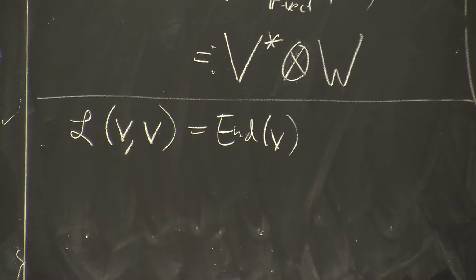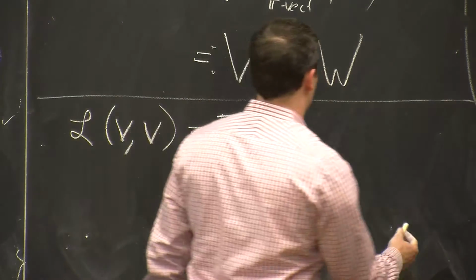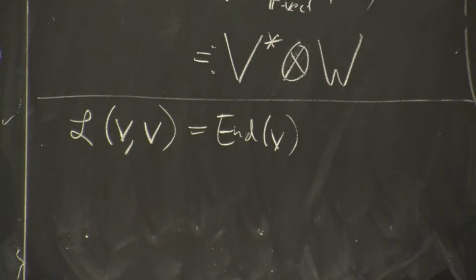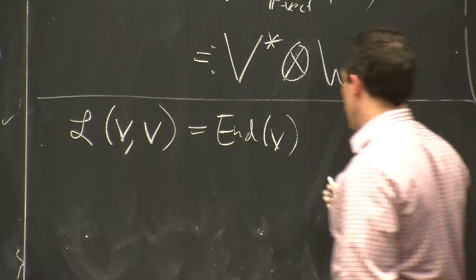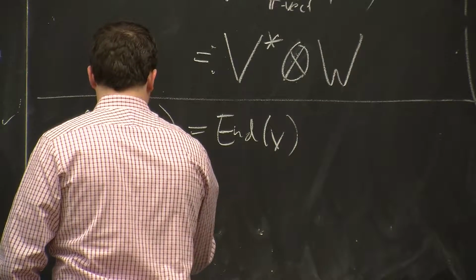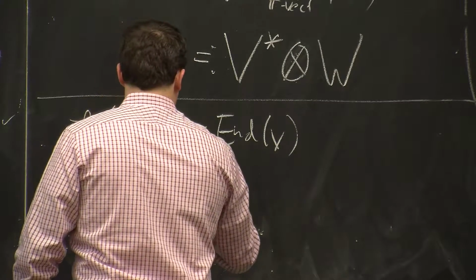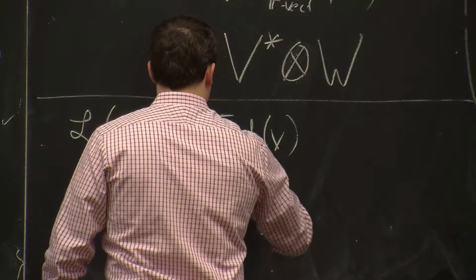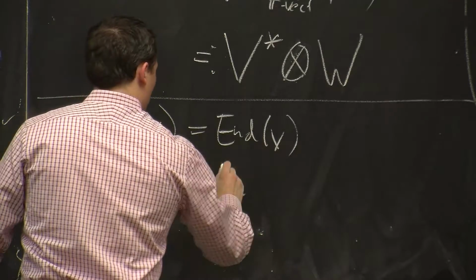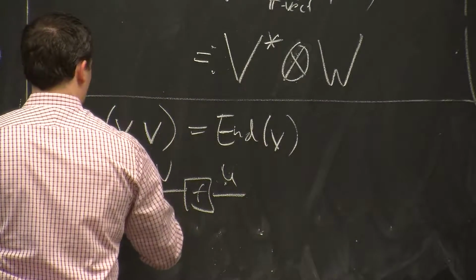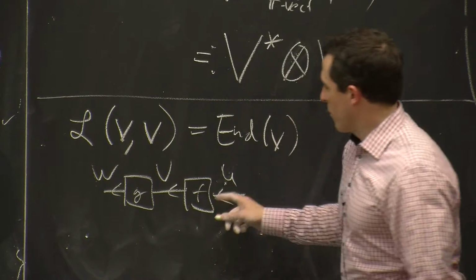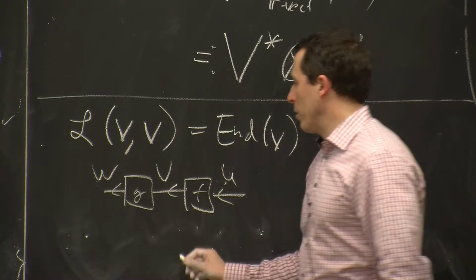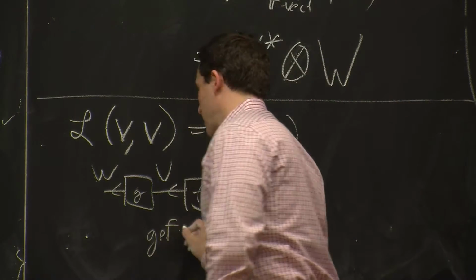So we remember we can compose functions and we can compose linear transformations so long as their domains and codomains match up, right? So if we were in the case here where I have vector spaces, say, U, V, and W, as long as F goes from U to V and G goes from V to W, then G composed with F makes perfect sense.